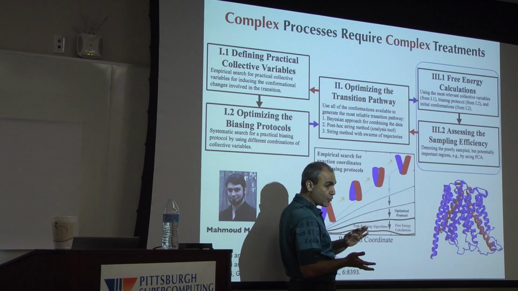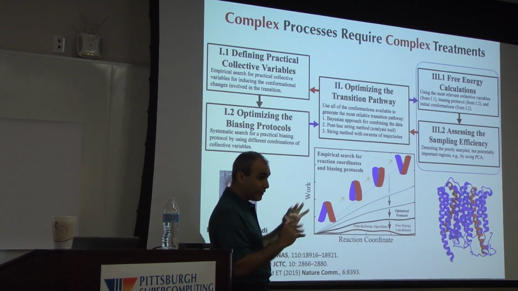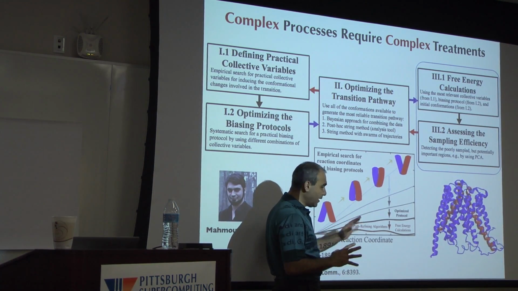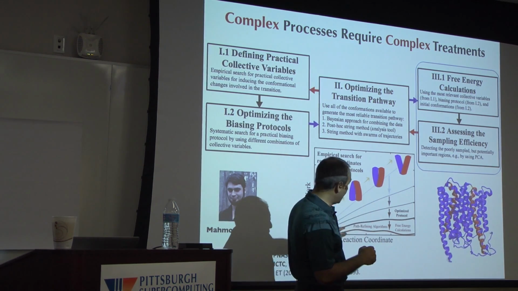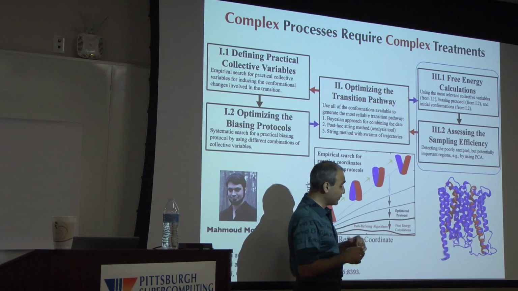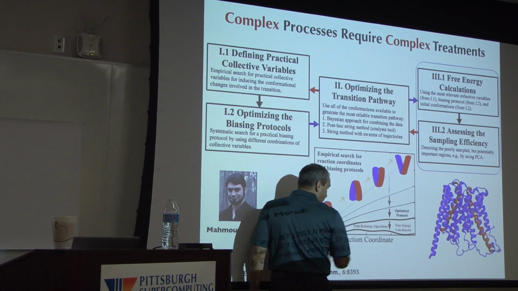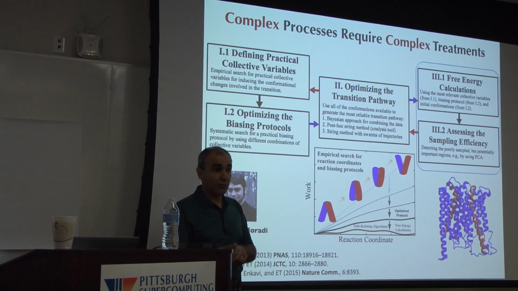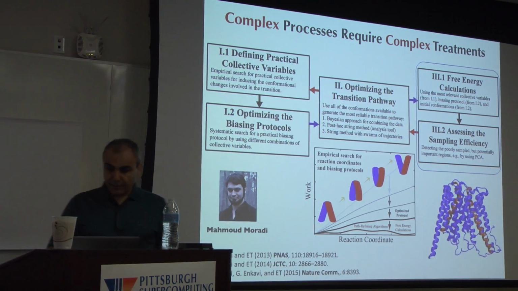Even though a large portion of that work is dissipative and going away, it's non-equilibrium, it still tells me which one is easier in terms of protein mechanics, through which protocol the protein is more compliant. And then I can take that one for free energy calculations, for example, by umbrella sampling or other free energy methods. So we have done a series of things.